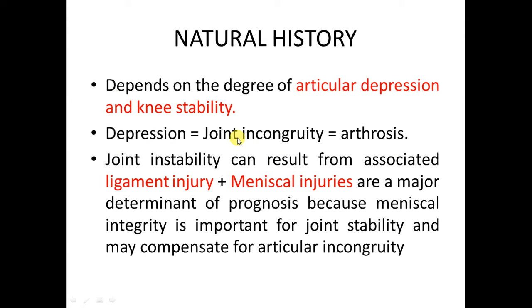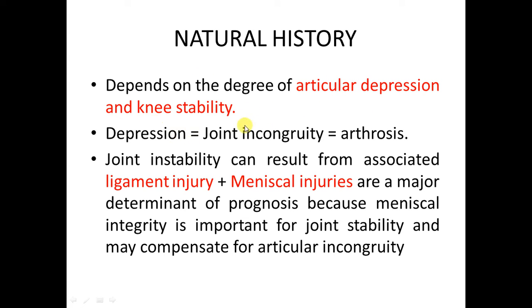Natural history. The key words here in the knee are stability and articular surface. If the stability is good and maintained, and the articular surface is good and maintained, the prognosis with either non-operative or operative treatment will be good and excellent.